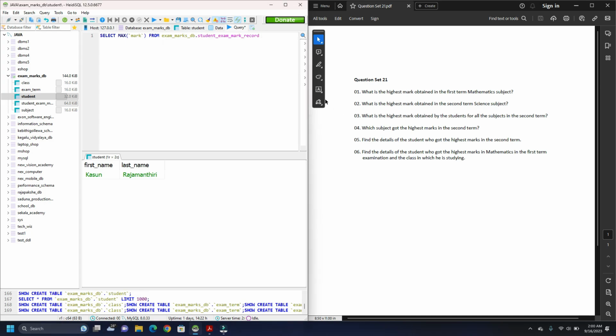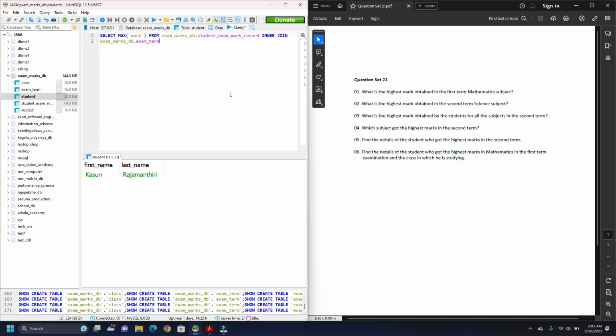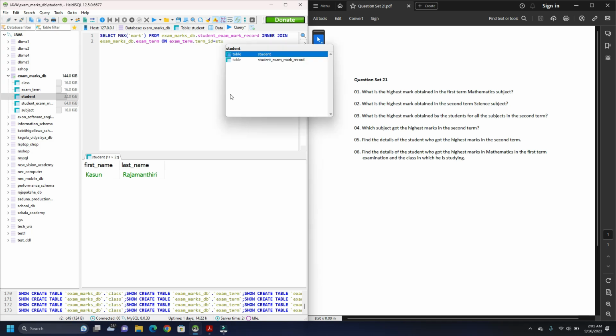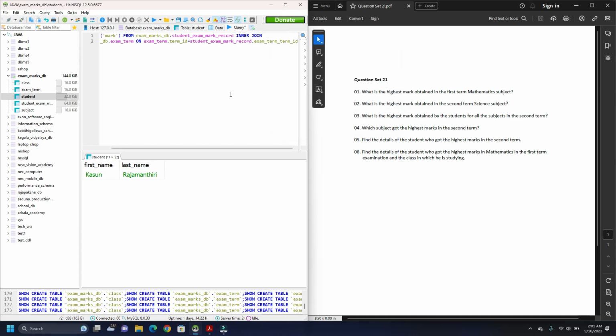And to find the term, we have to inner join this table with the exam term table on term ID from exam term table, and exam term ID from the student exam mark record table.